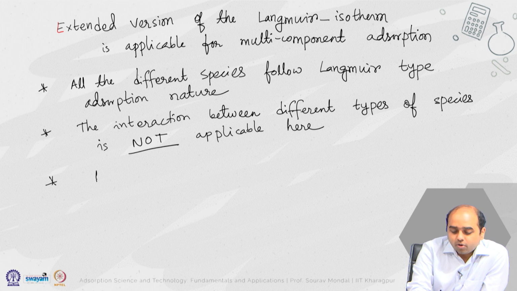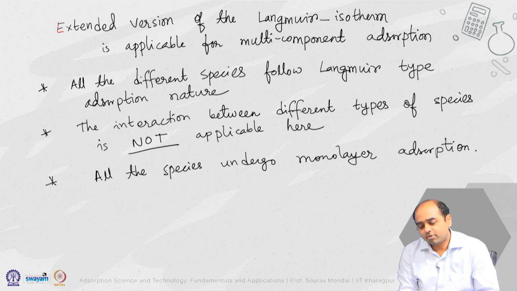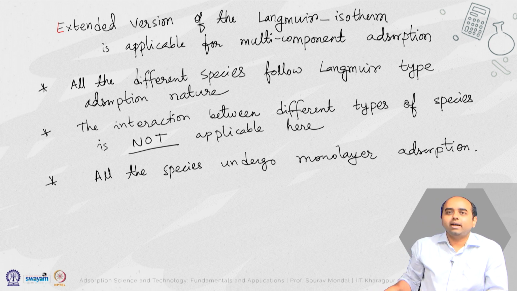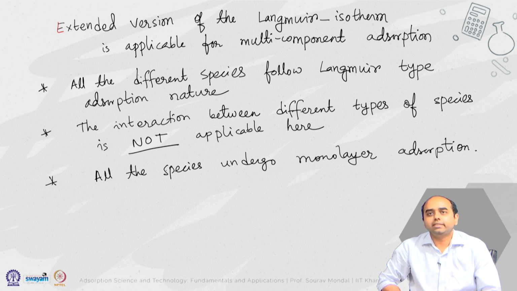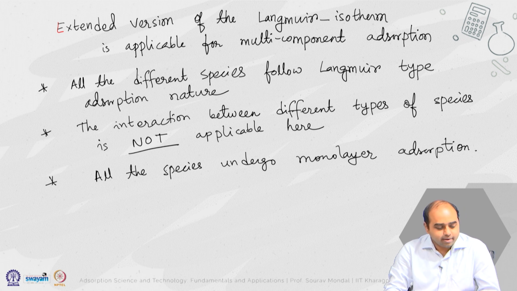And the final one is that all the species we are considering undergo monolayer adsorption. So, these are some of the important assumptions in this multi-component adsorption problem, which is basically an extended version of the single component adsorption.